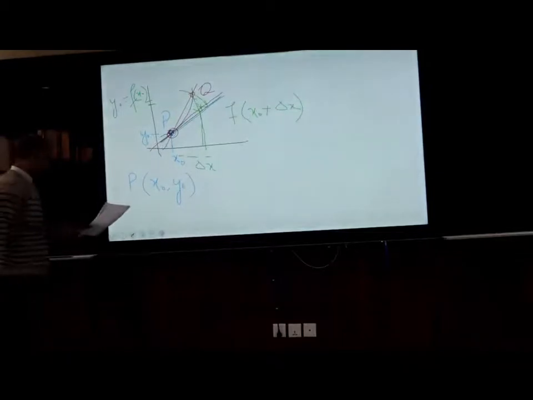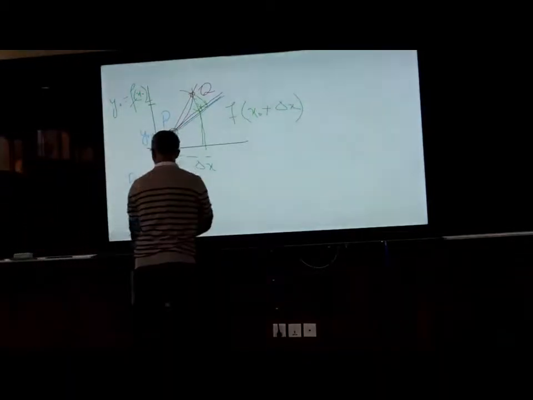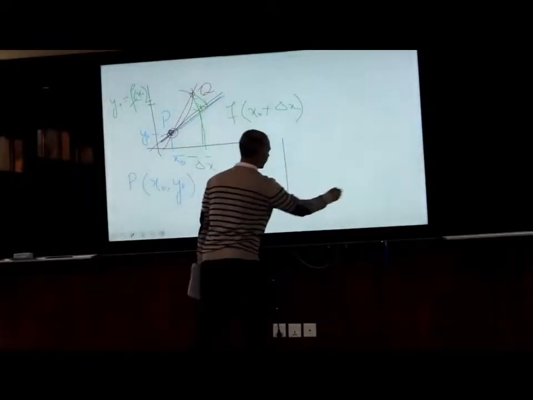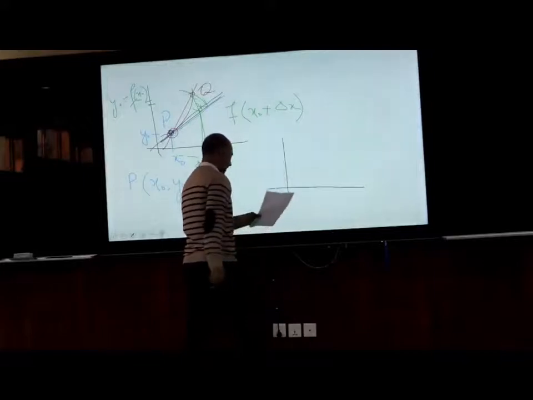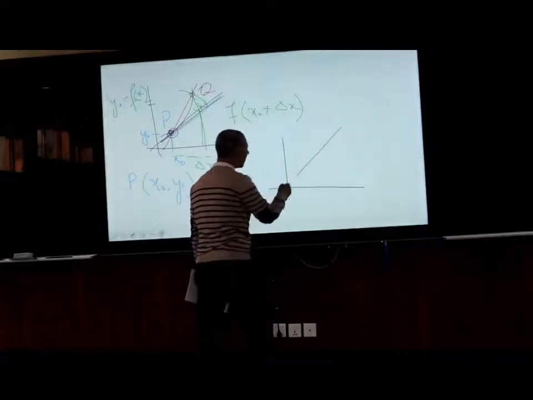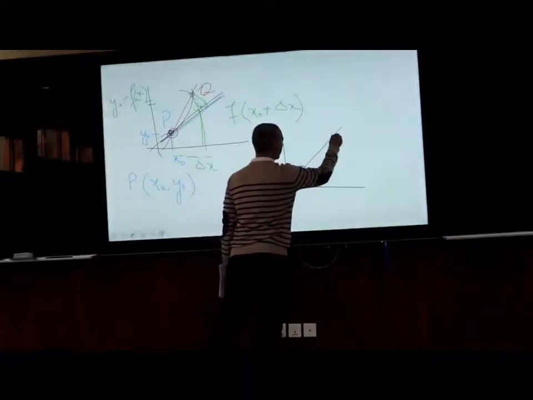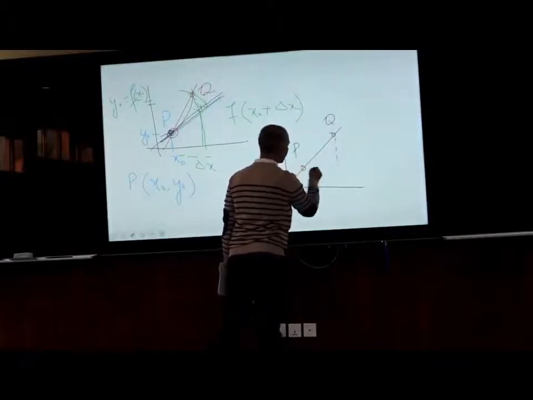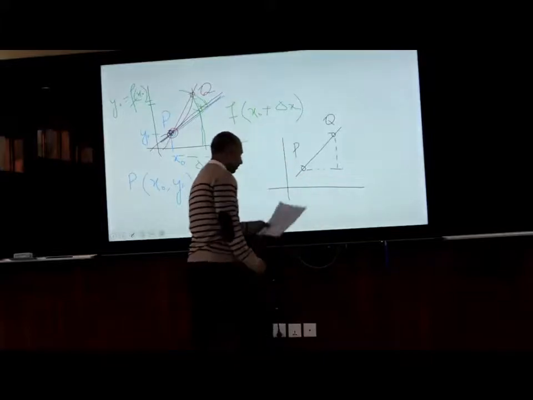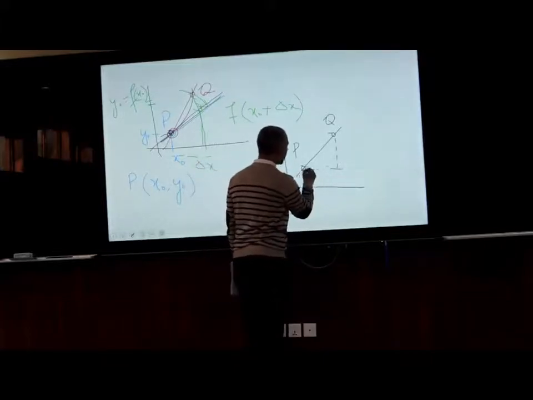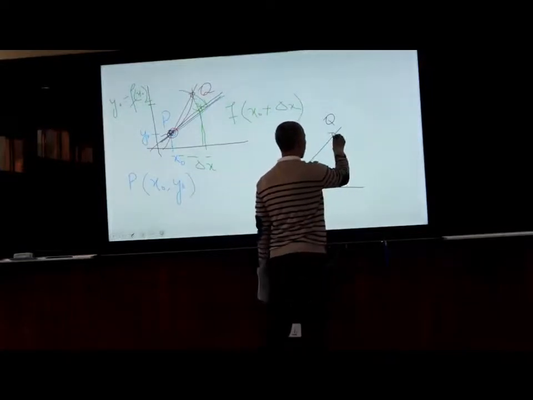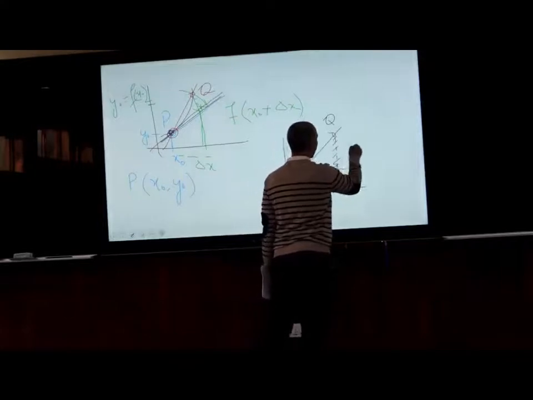We can make it simpler. Here we have two points P and Q. The horizontal change is represented with delta x, and the vertical change with delta f.